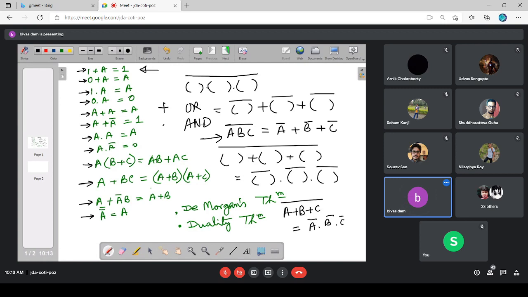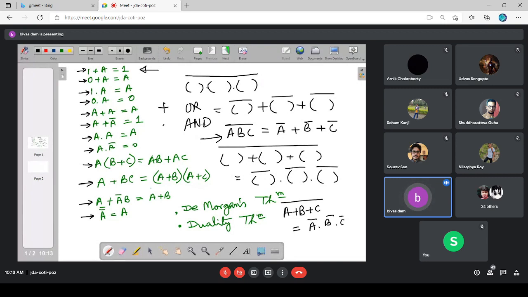Now, simply consider a situation where you take the OR operation of any variable with a true value. What should be the expression outcome? True only. So that's why 1 plus A is equal to true.